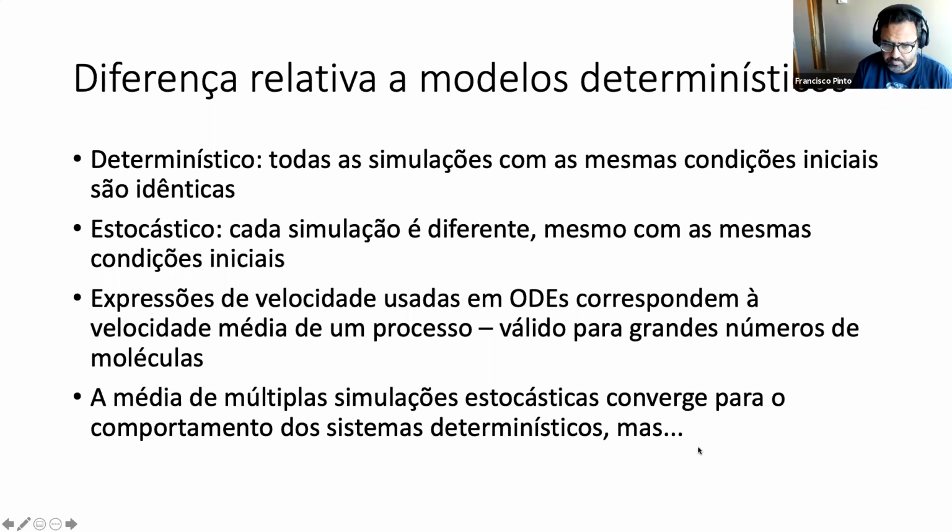But if we want to model a system with a small number of molecules, then the stochasticity of the chemical kinetics becomes important. Why? Because all these chemical reactions or binding and unbinding processes that we simulate in biological systems happen because molecules collide with each other.